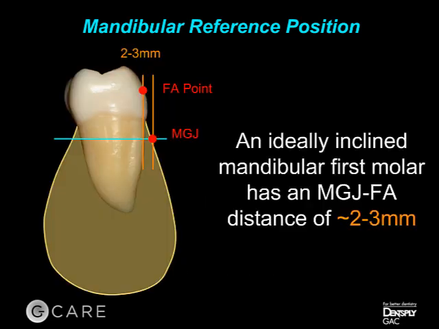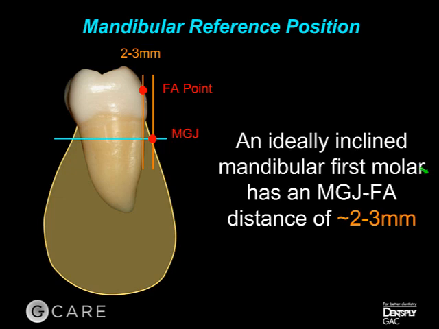Once we have our mandibular reference position, and we know how the FA point of the tooth, which is the center of the clinical crown, relates to that mucogingival junction, we can start formulating a relationship between the two in an ideal situation.